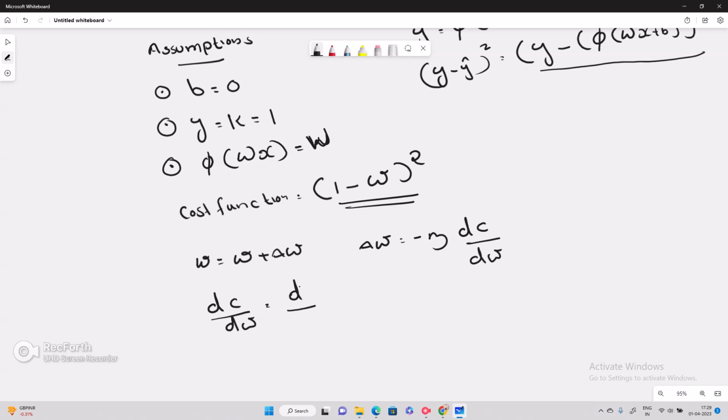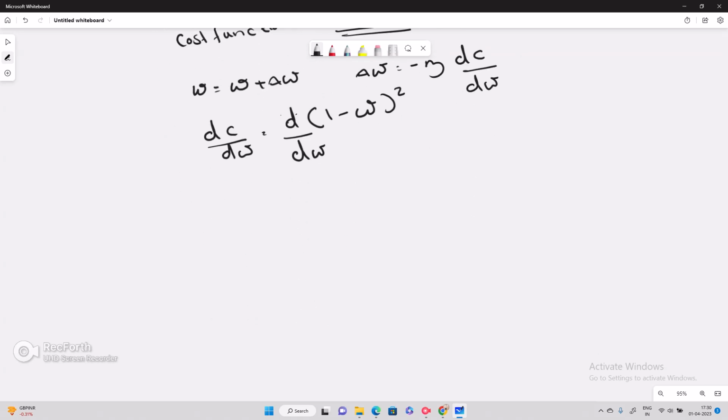First we can expand this function. This notation is actually not d, it is dou. For the time being, let it be like that. Dou by dou W of 1 minus W all squared.